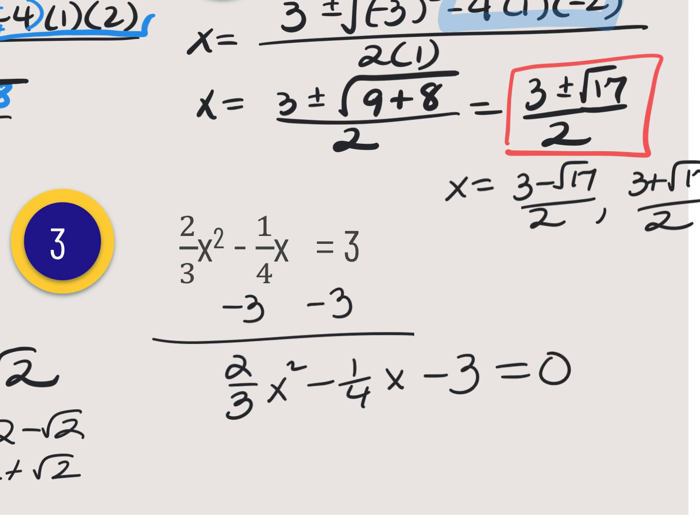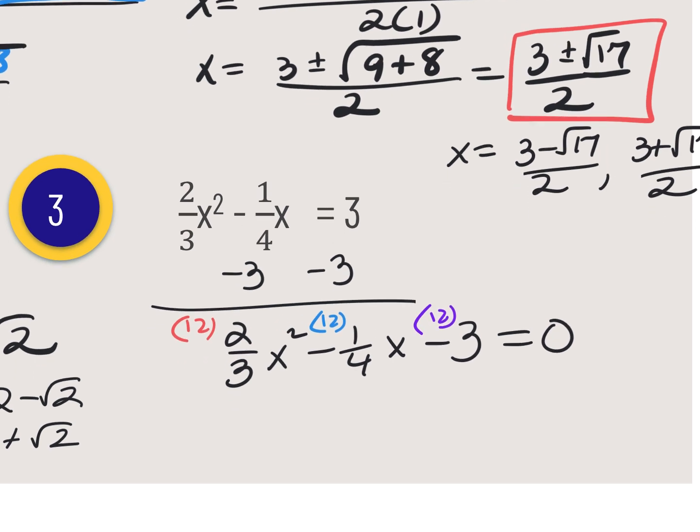I now need to look for my LCD, which is going to be 12. So I'm going to multiply each fraction by that LCD. So for the first one, notice the 3 and the 12 will simplify, and this will become a 4, and this is a 1.